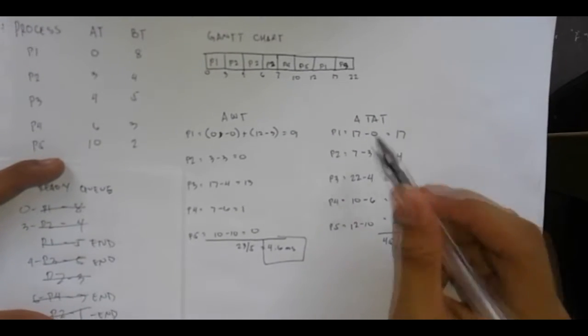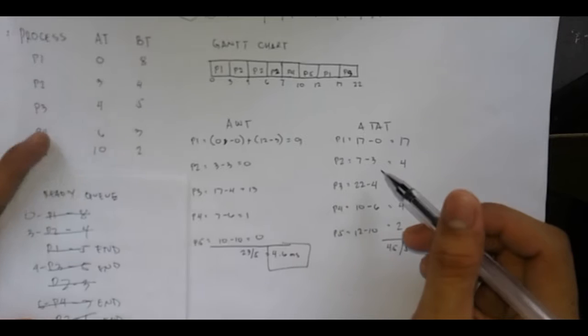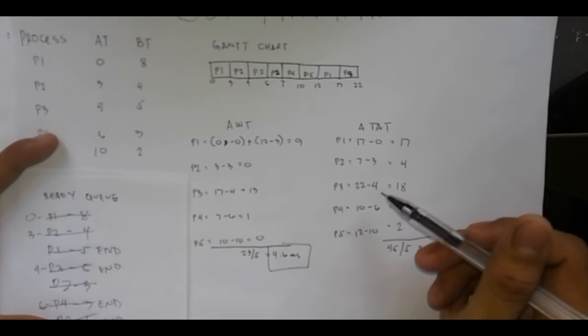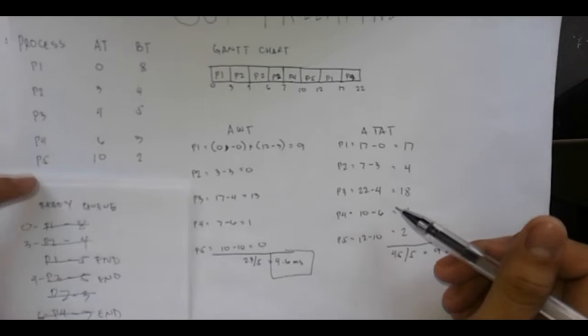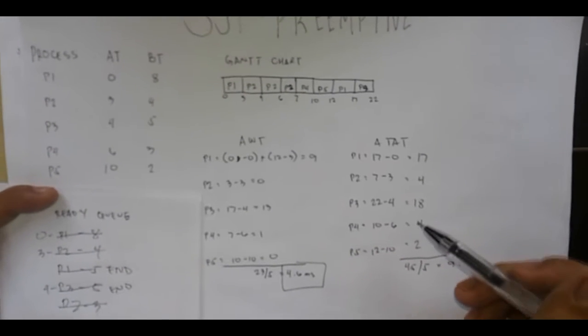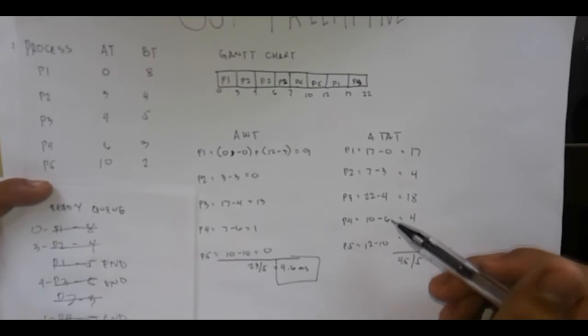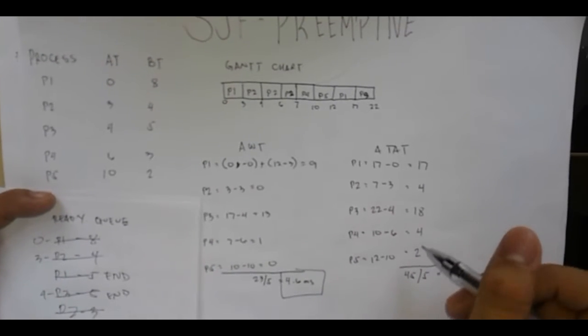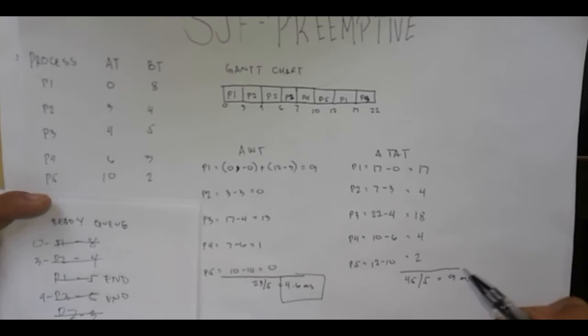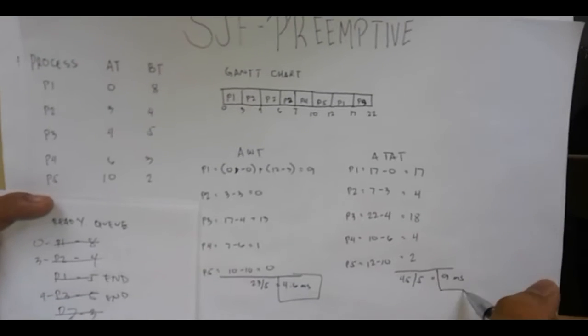P3, finish at time 22 minus the arrival time 4 is equal to 18. And P4, finish at time 10 minus the arrival time 6 is equal to 4. P5, finish at time 12 minus 10 is equal to 2. A total of 45, divided by the total processes, equals 9 ms.